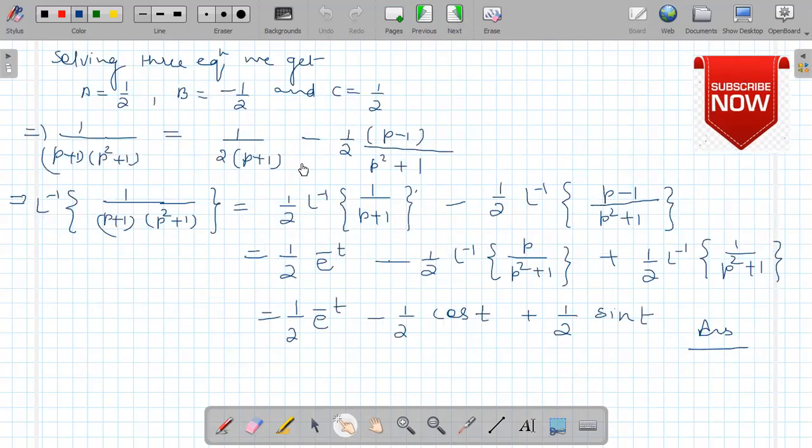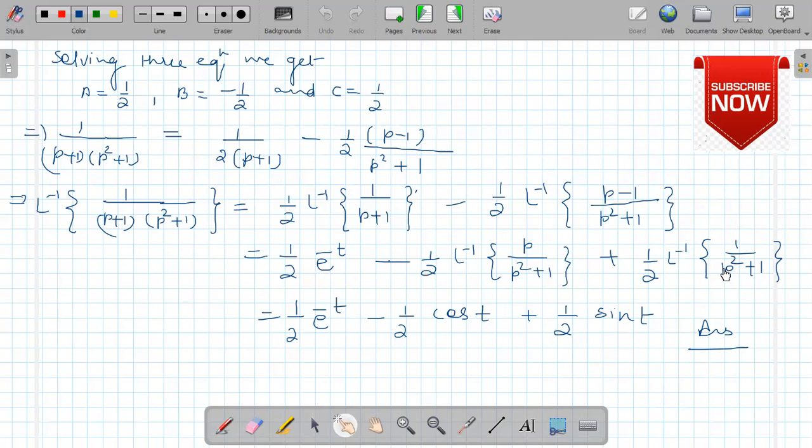Substituting the values of a, b and c, we get these two as partial fractions of this function. So Laplace inverse of this function will be equal to Laplace inverse of this function minus Laplace inverse of this function. Now this can again be written like this: p upon (p square plus 1) minus 1 upon (p square plus 1).